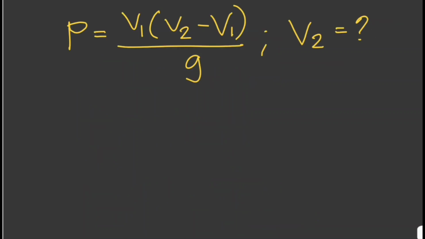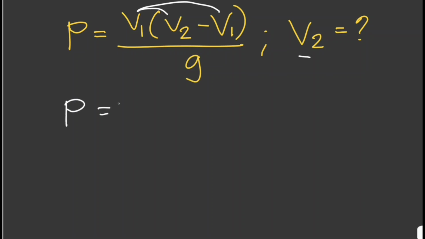How about this one? We're given this formula p equals v sub 1 times v sub 2 minus v sub 1 over g, and then we're asked to solve for v sub 2. So we need to simplify this first. We distribute v sub 1 to the expression inside the parentheses.